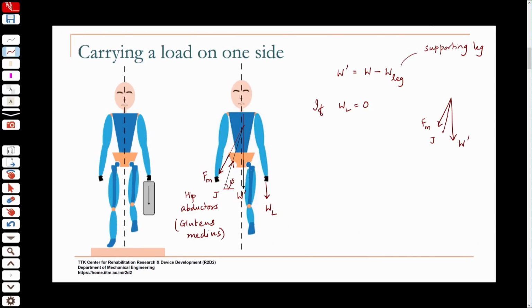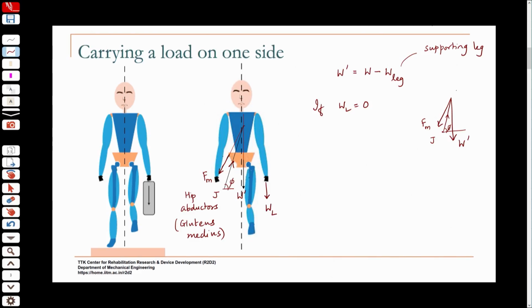So, this would be J making some angle phi, and then I can just use sigma Fx equal to 0, because this is basically using sigma M equal to 0. Now, if I carry a load, J and Fm are not parallel. So, here I have this angle theta, and I can find out in this case.